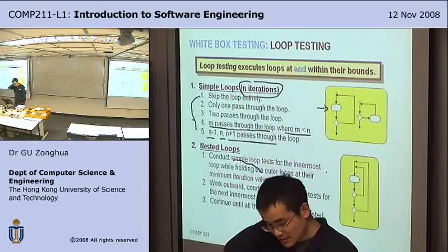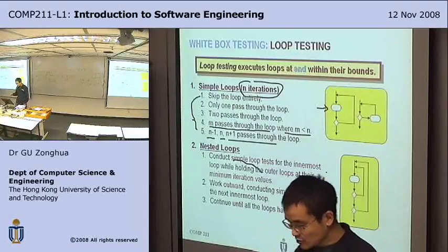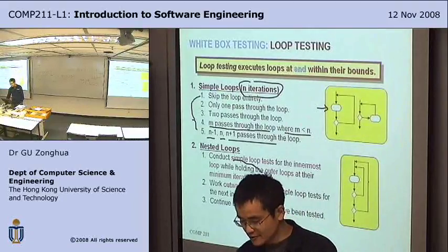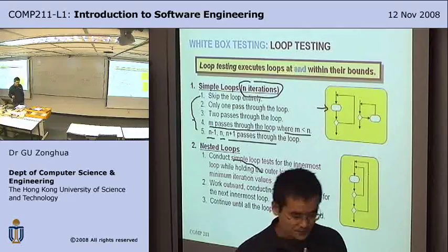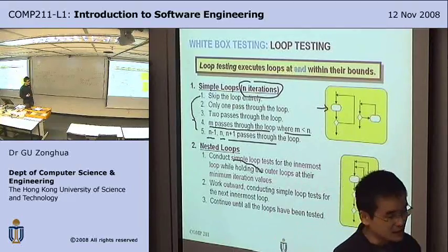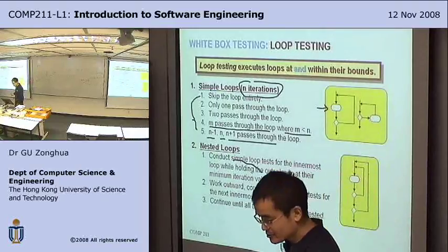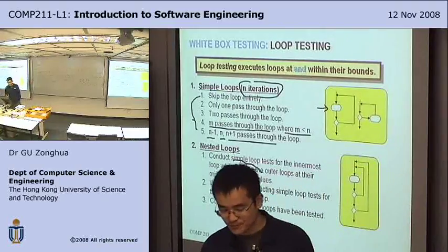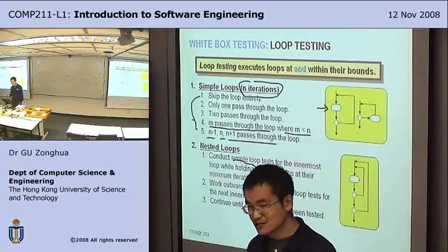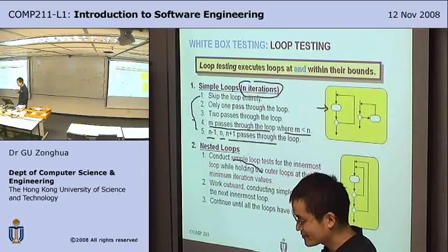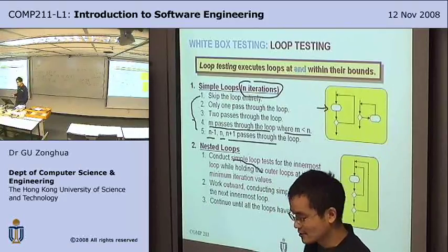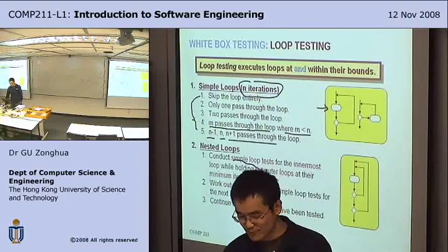So in this way, if you have, say, 2 nested loops, then the number of tests you conduct is 2 times the tests you conduct for a simple loop. Obviously, it's not an exhaustive test. If you had an exhaustive test, it's really the square of the tests of a simple loop.